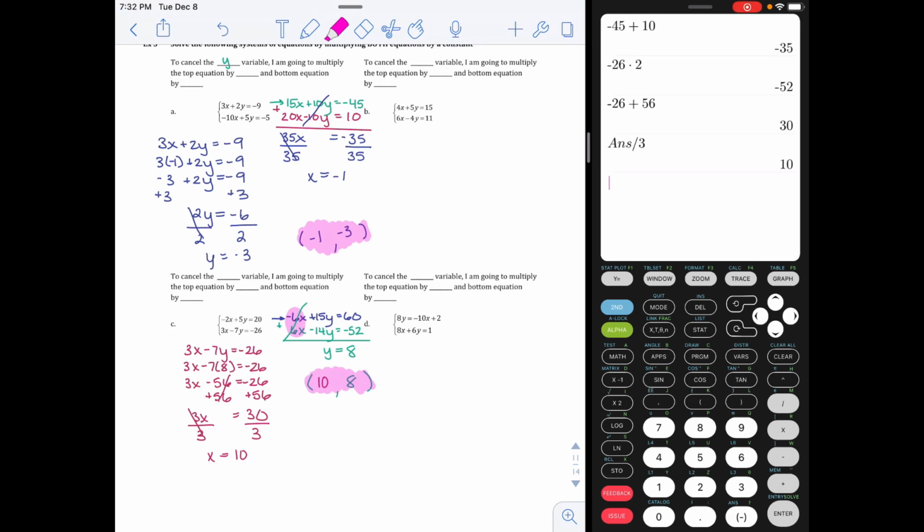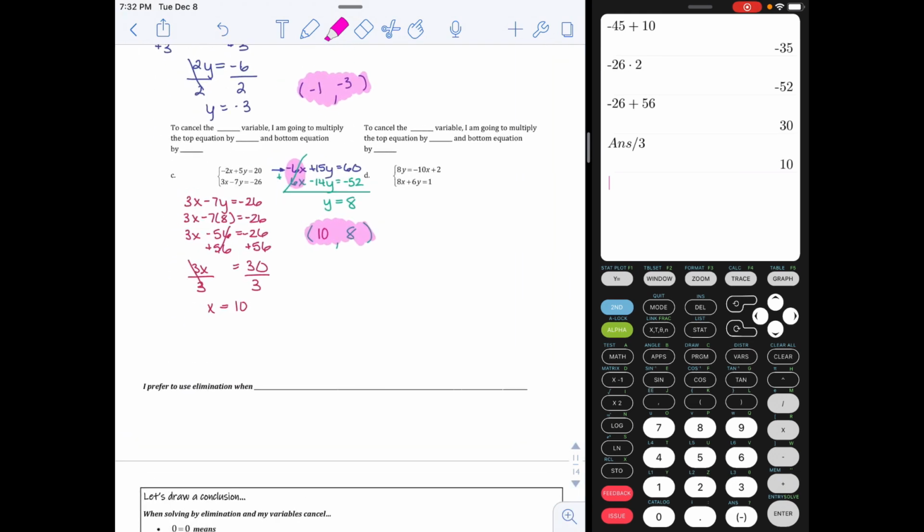Awesome job. So let's figure out when we want to use this elimination method, and when I want to prefer to use this. We want to prefer using this when your equations are in standard form, right?